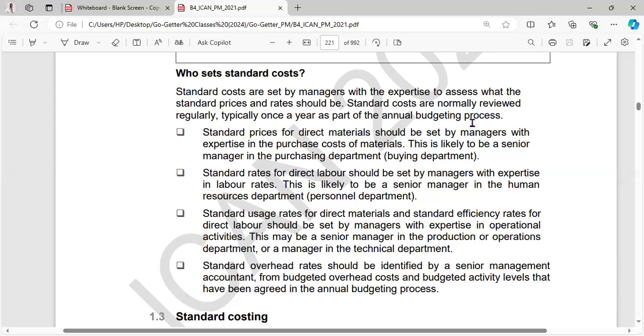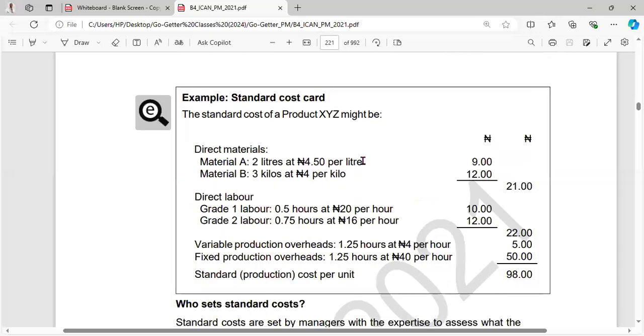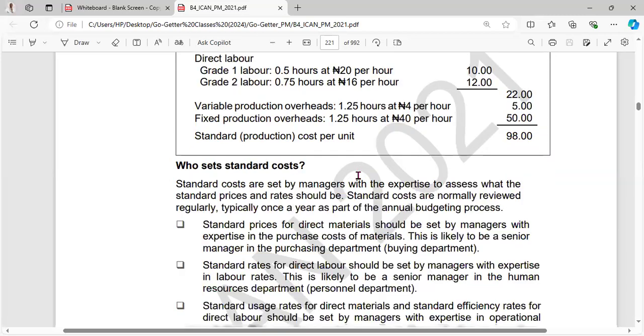So it means in the production we have the purchasing manager who is going to be the one to buy those materials. And so he knows what the prices are. So all these prices that we are seeing, this particular price here per liter, per kilo, it is done by the purchasing manager.